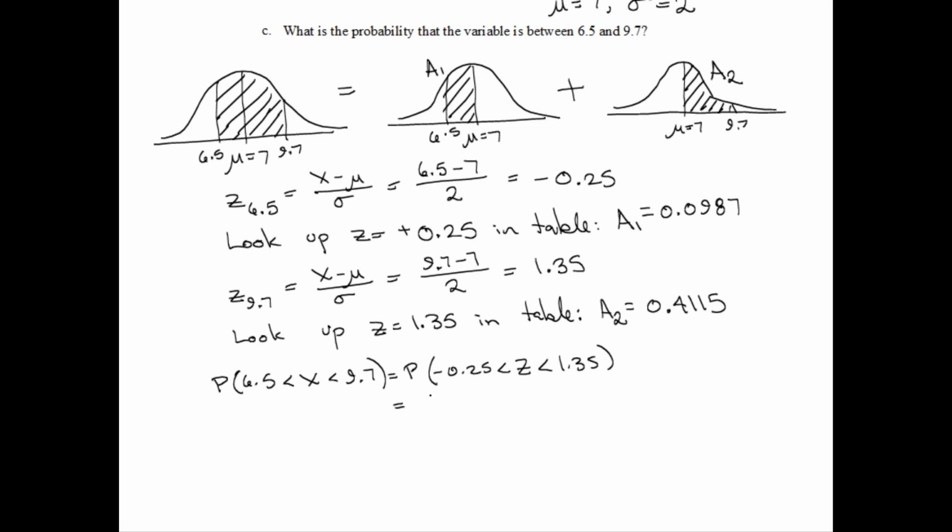We know we're going to just be able to add these to get the shaded area that we want. So we do A1 plus A2, 0.0987 plus 0.4115. Add those together and you get 0.5102. So just over 50% of the area falls in that range. As usual, remember your probability will always be a number between 0 and 1.